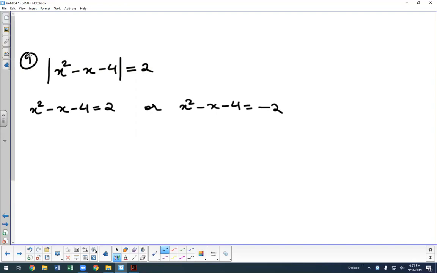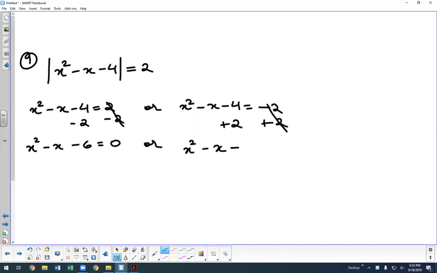Now we get them to be equal to 0, which means we gotta subtract this 2, bring it over here to the left, which will give us x squared minus x minus 6 equals 0. And same thing on this guy. Now since this one was set up as -2, we will make it +2, which will give me x squared minus x minus 2 equal to 0.